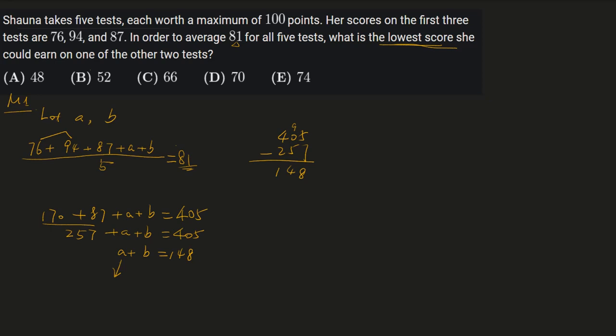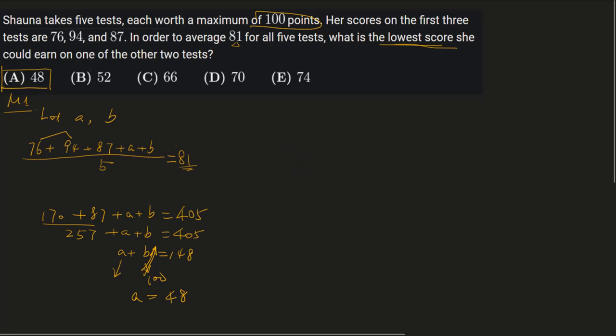What's the highest score you can get in the test? That's 100, right? So the max of B is 100. Good. In that scenario, we will see that A equals 48. Let's look at the choices. A is our solution, is our choice, right? So that's the standard way.